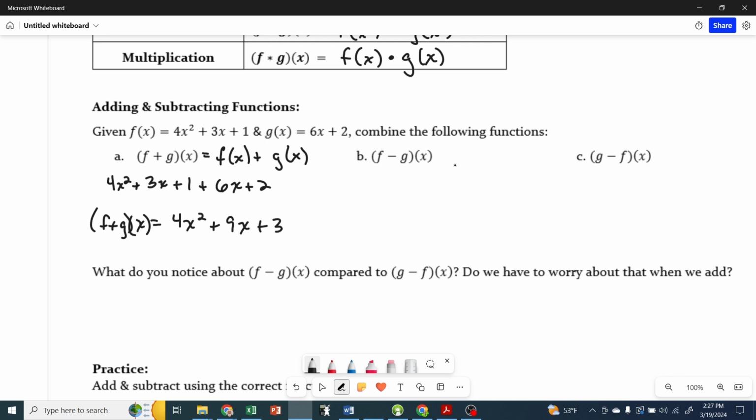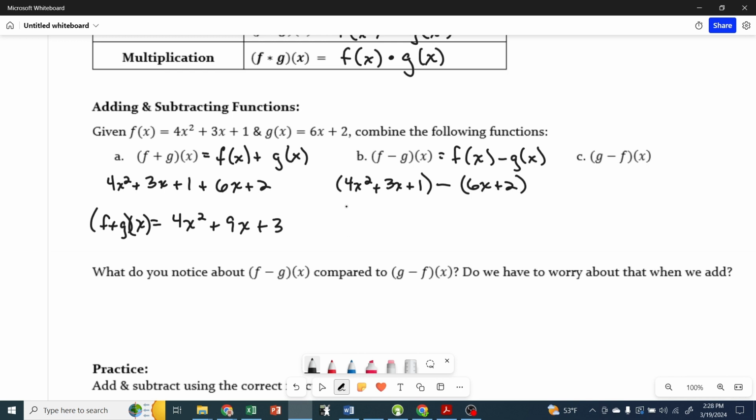Now, keeping in mind that when you're subtracting these, right, f of x minus g of x, you want to write them in parentheses, all right? Get in that habit. 4x squared plus 3x plus 1 minus 6x plus 2.